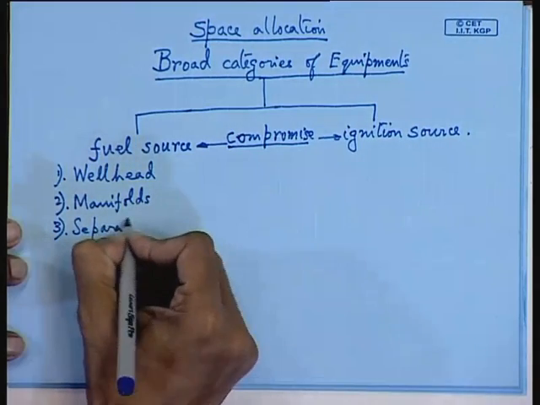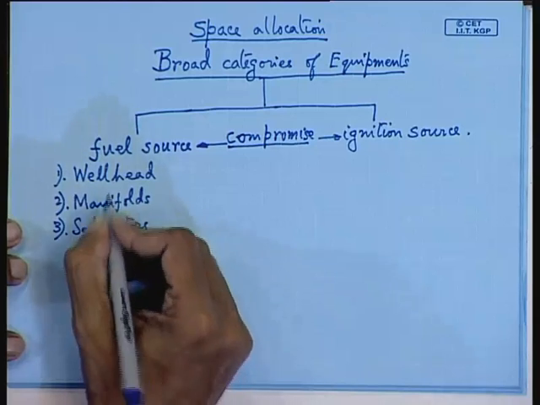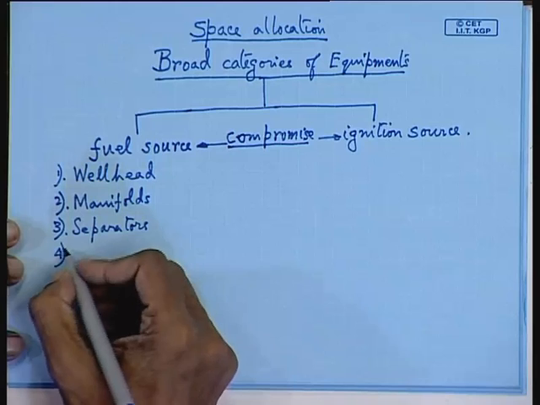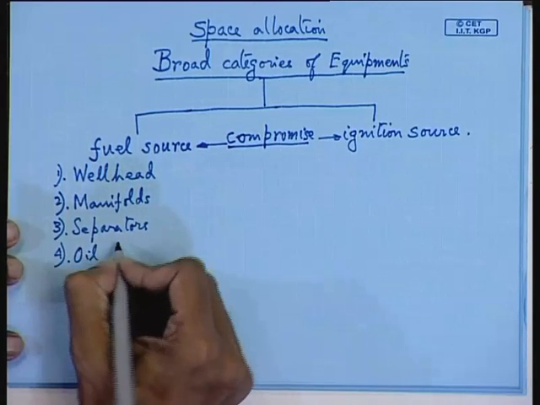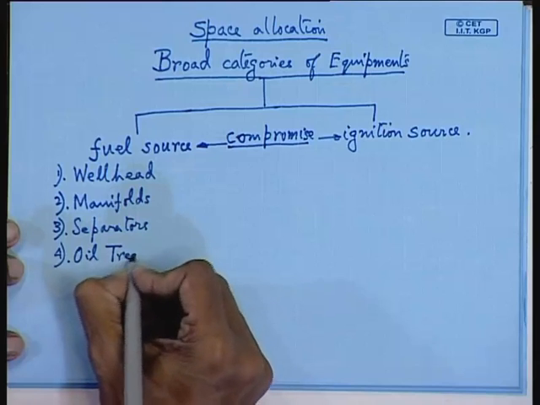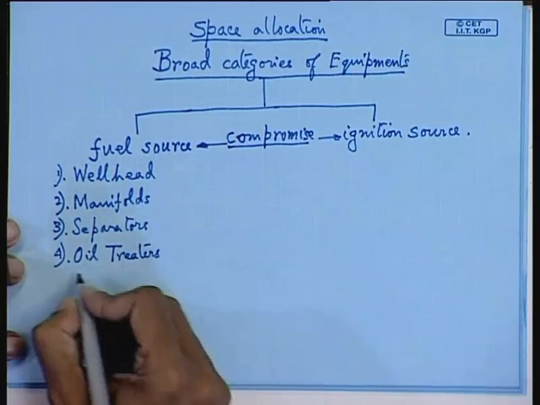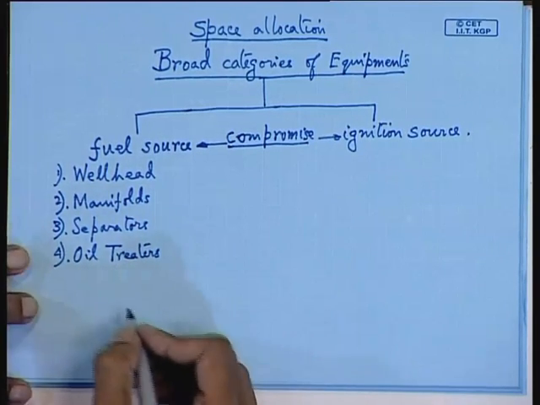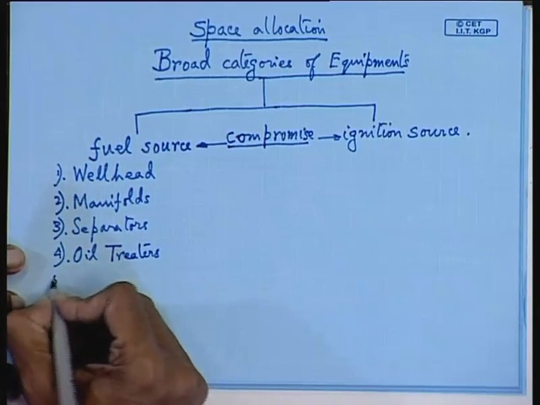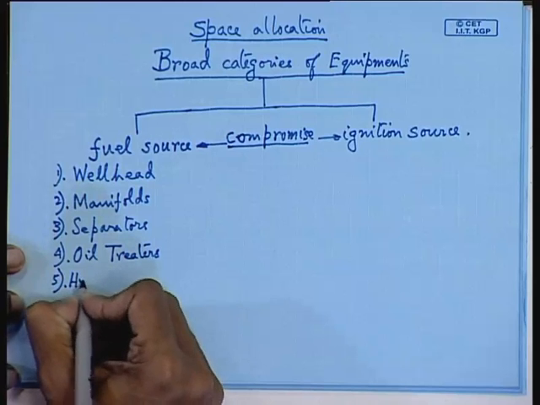So, I am not giving you all the equipment, but there is some of the list. So, oil treaters. So, basically you can see that these are all chemical engineering terms, but however, as a naval architect or ocean engineer, you have to know some of these. So, hydrocarbon pumps. Hydrocarbon is your oil.